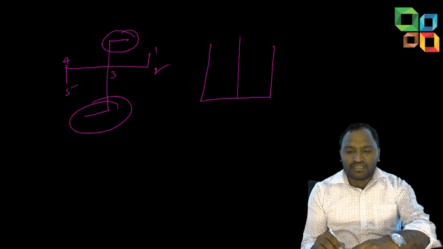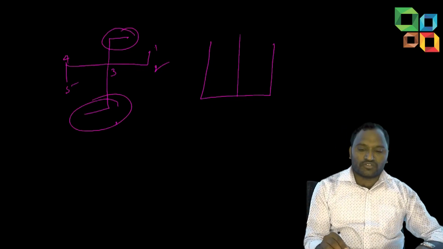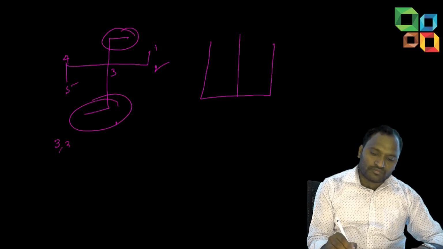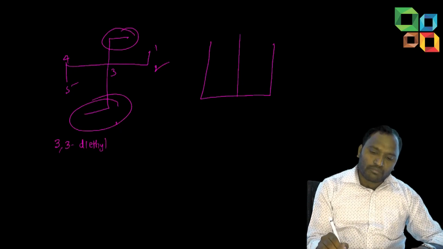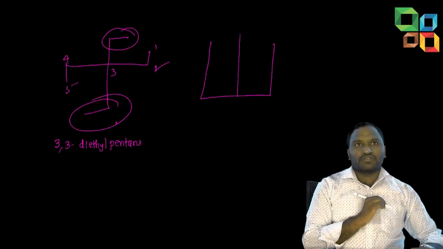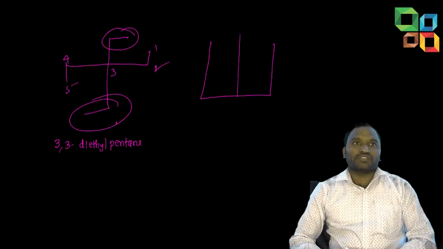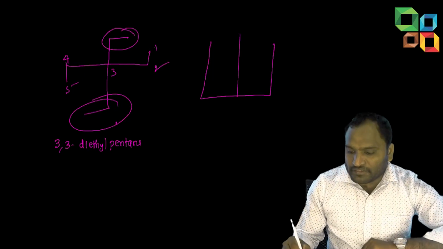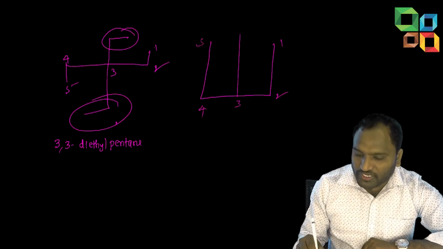This one is ethyl. This one also ethyl. At the third position, two ethyl groups are located. So 3,3-diethylpentane. Now here also the same thing. 1, 2, 3, 4, 5.